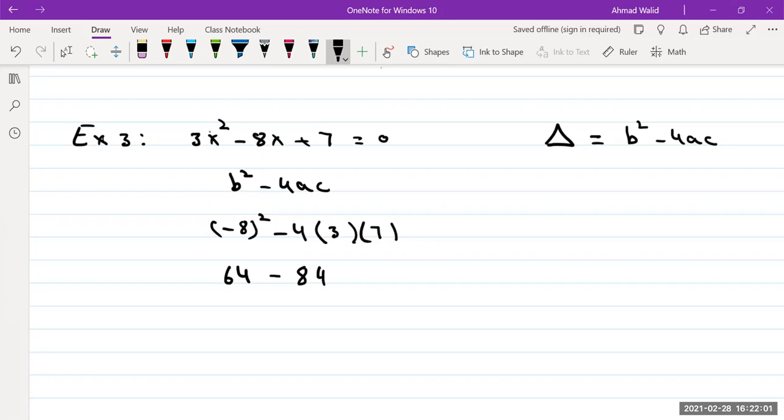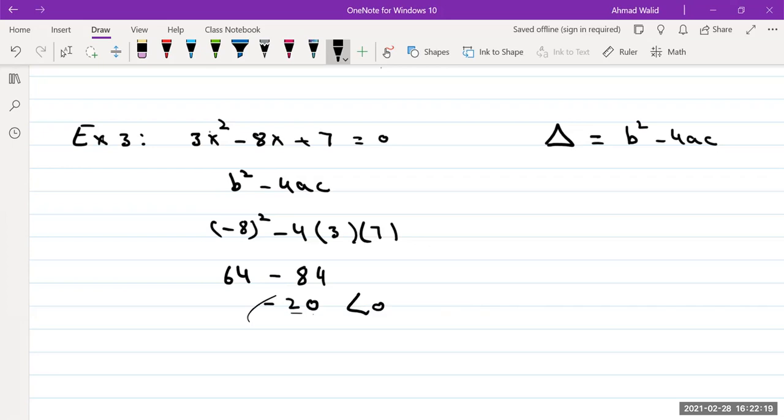Correct? 64 minus 84 gives you negative 20. Is negative 20 greater than 0, or equal to 0, or less than 0? You see, negative 20 is less than 0.